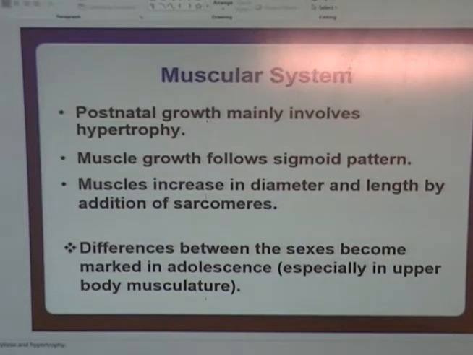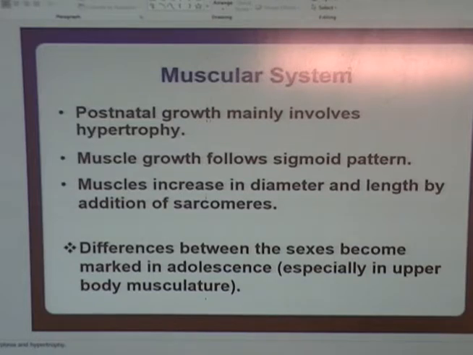So once we are going through puberty, before puberty, we really don't see a significant difference in musculature between boys and girls. All right? So, boys and girls are about the same strength as each other before puberty.